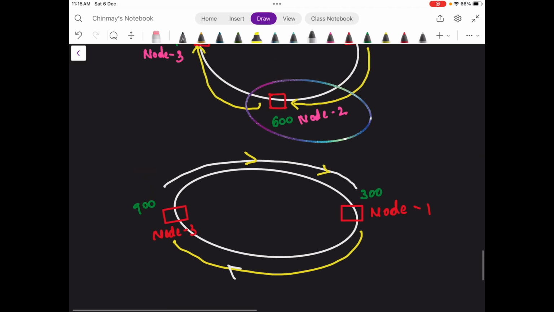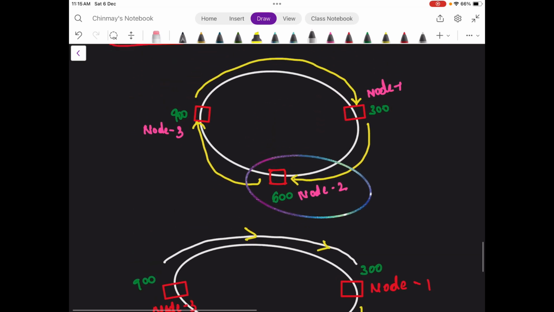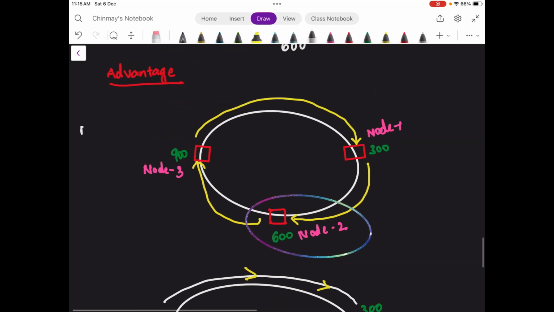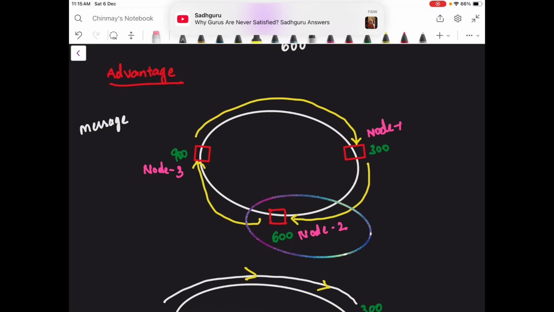For example, message ID 6 goes through the hash function, and the output of the hash function is 500. Because the hash ID is 500, earlier it was placed in node 2.